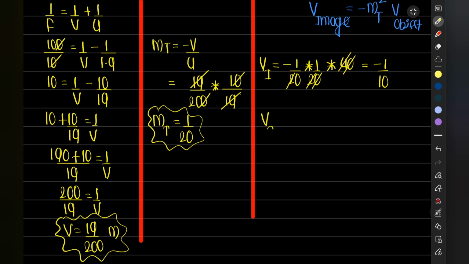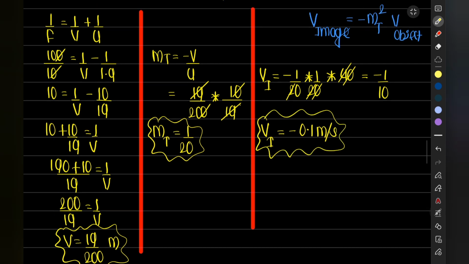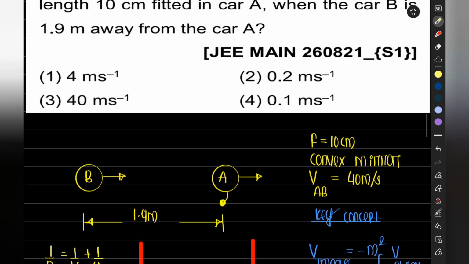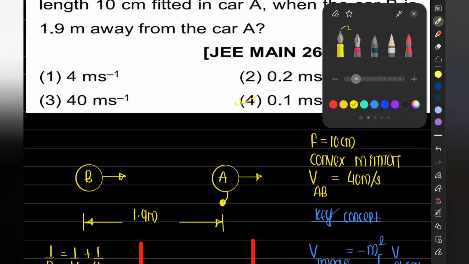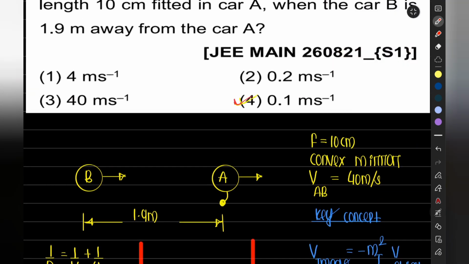That means the velocity of image is minus 0.1 meter per second, and they are asking us to find the speed, so of course the speed will be 0.1 meter per second. Let's check the options. Option number 4 is 0.1 meter per second, so this will be our final answer.